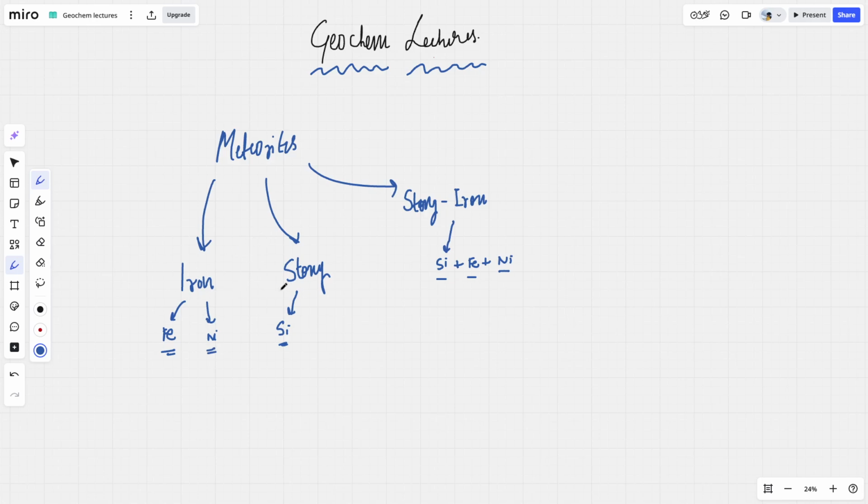Now, meteorites are collected as finds and falls, and the common type is the stony meteorite. The stony meteorite can again be classified into two broad types. One is the chondrites, another one is the achondrites.